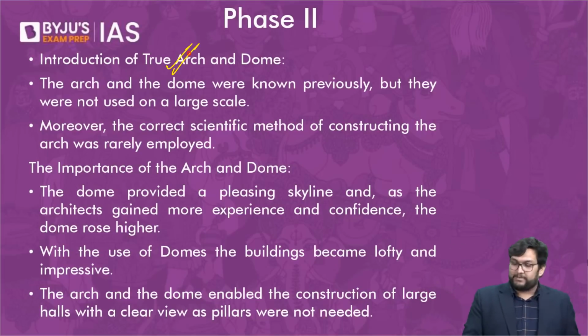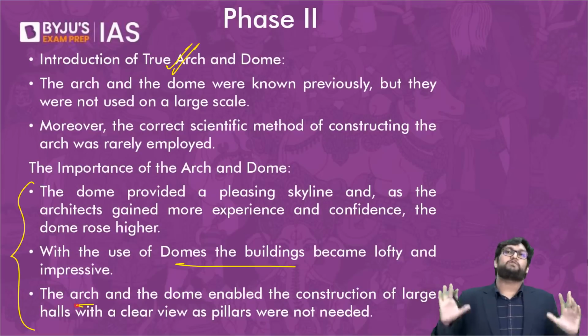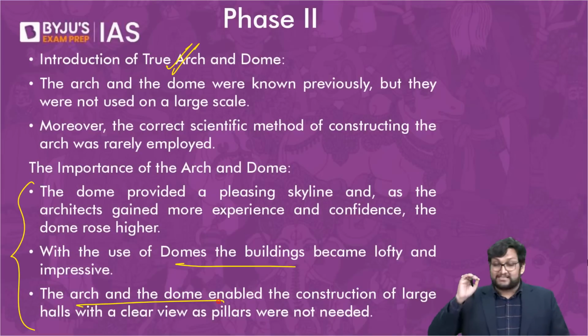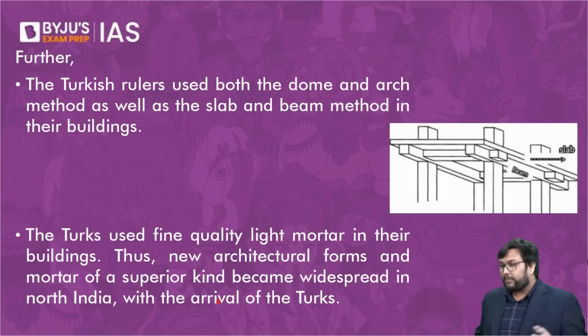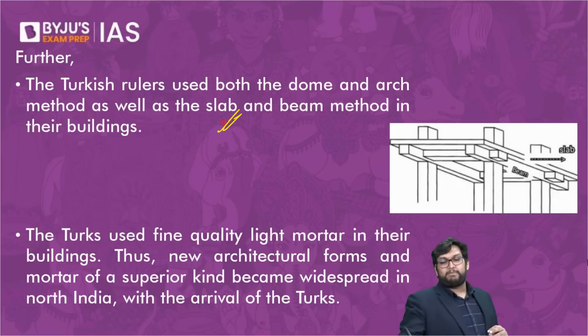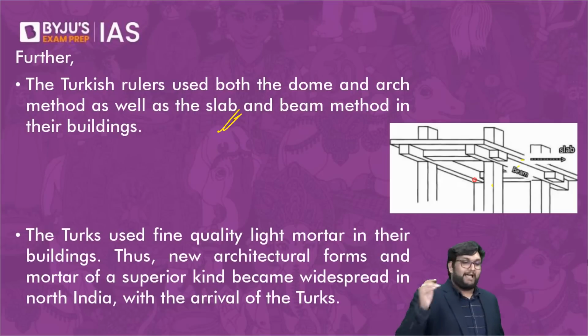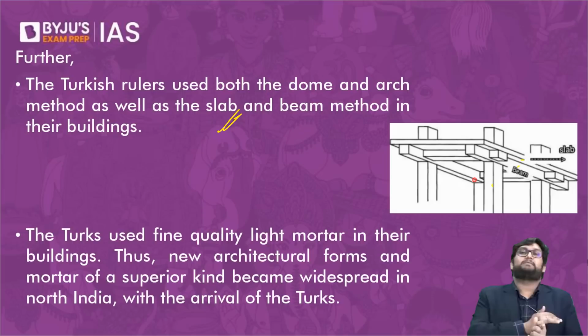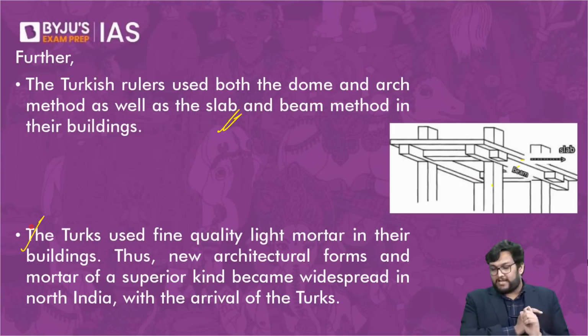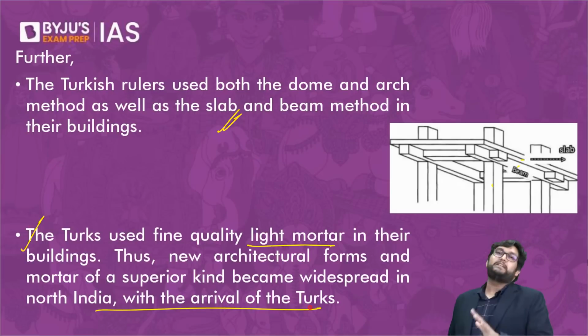It represents a pleasing skyline, and by having arches and domes, you can have halls which do not have pillars. Again, this does not mean that all trabeate structures went away. It does not mean that all structures based on slab, beam, and column went away. It means both started to be constructed together. And the Turkish sultans were very important in introducing a limestone lightweight mortar, which was used in Central Asia quite a lot, not used in India.